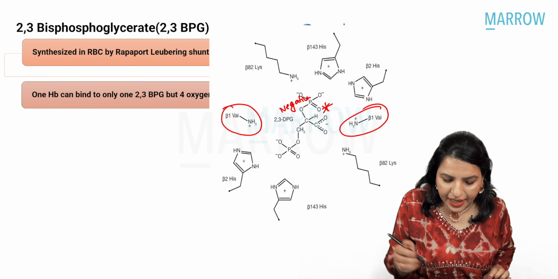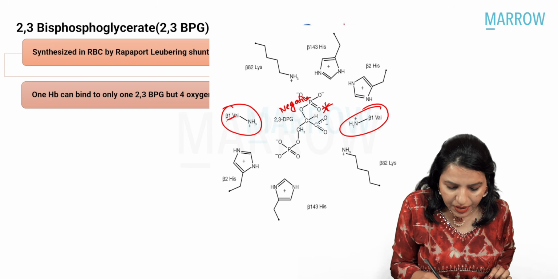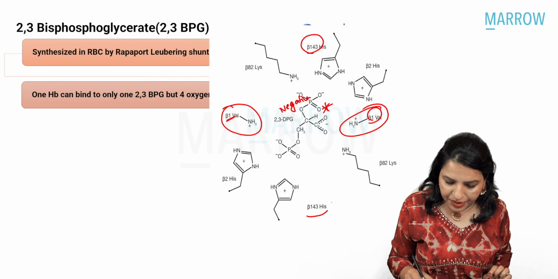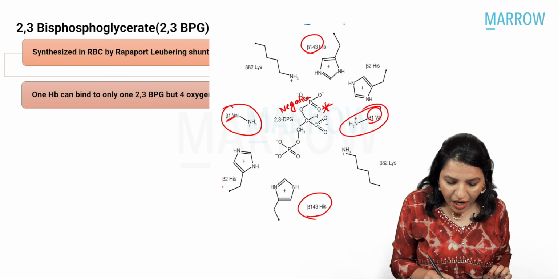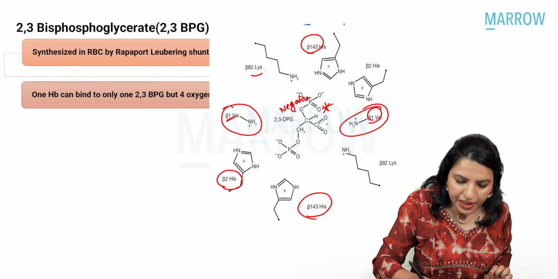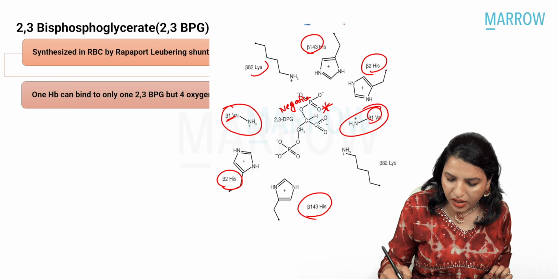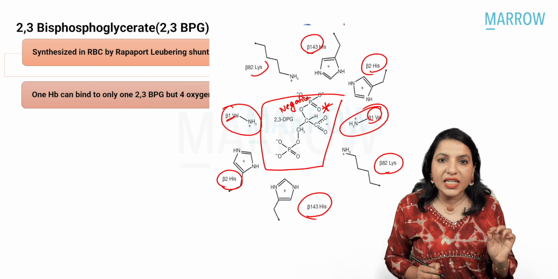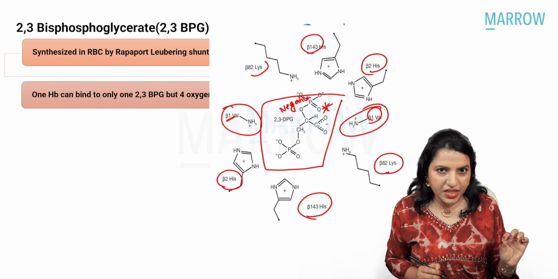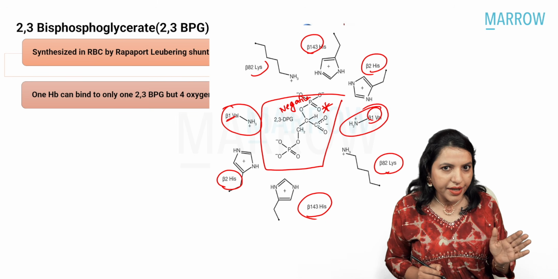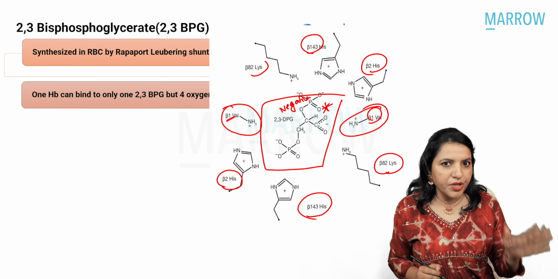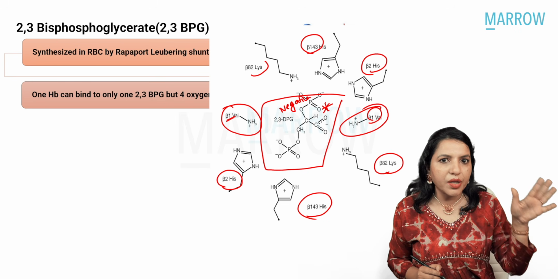Here you can see beta-1, and also the beta-2 globin chain, which means this 2,3-BPG in the center of the cavity is forming bridges. What are those bridges? They are called salt bridges, otherwise called ionic bridges.